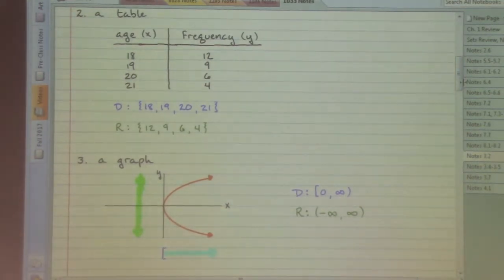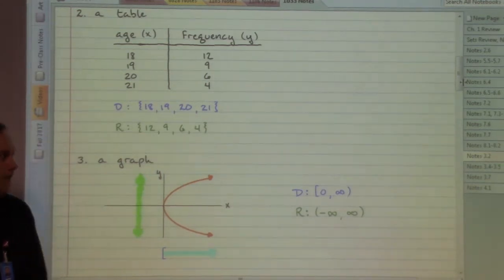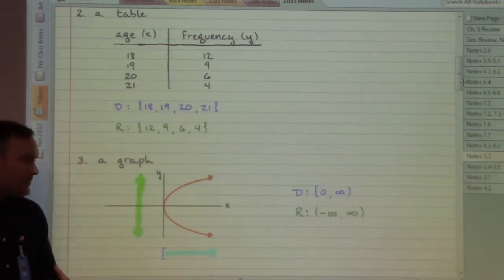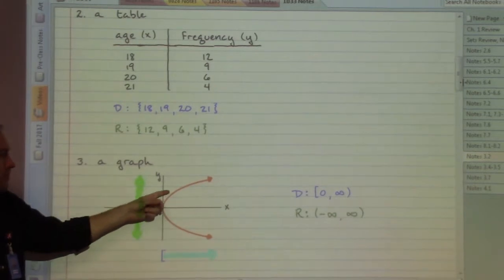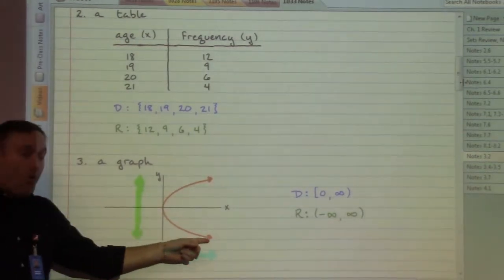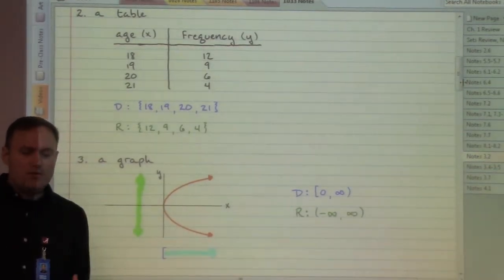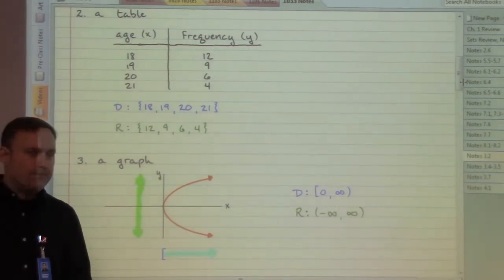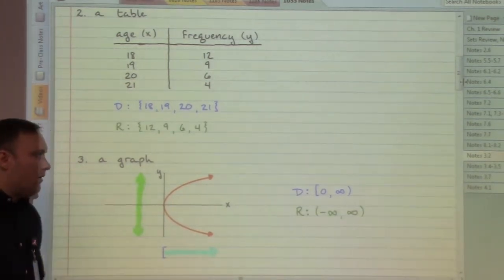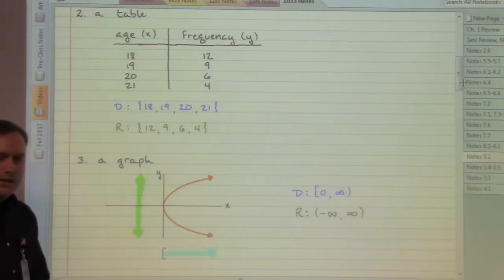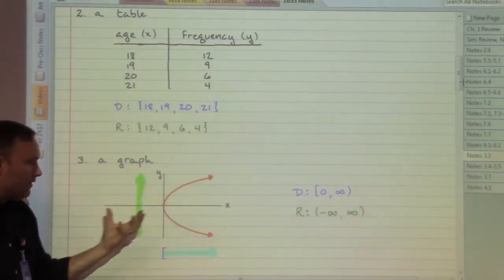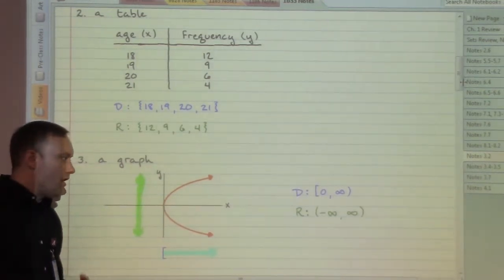And they could also give us what we refer to as a graph, a picture version of a relationship. So in this particular case, the picture that they've given us in orange represents all of those different pairs. And if we wanted to figure out the domain and the range, we would have to look carefully at the way that this has been drawn.